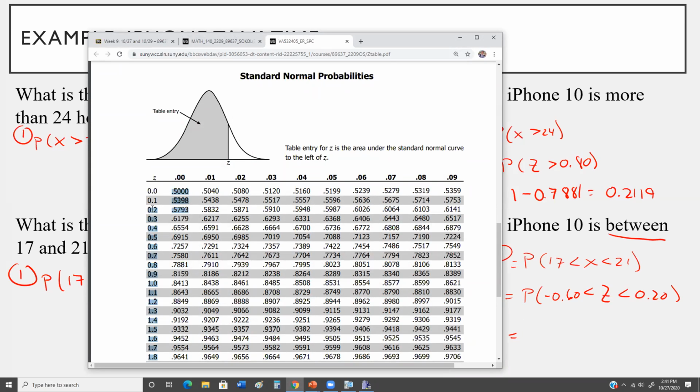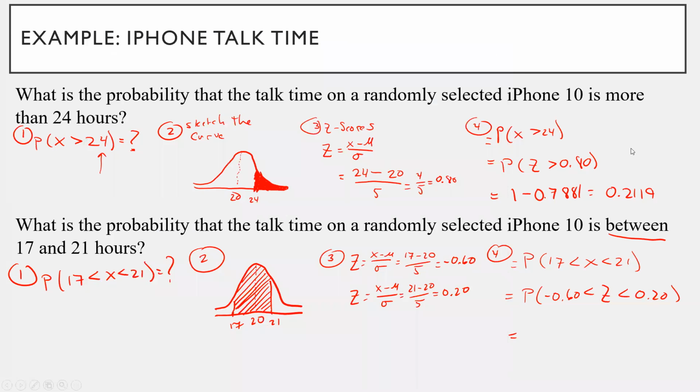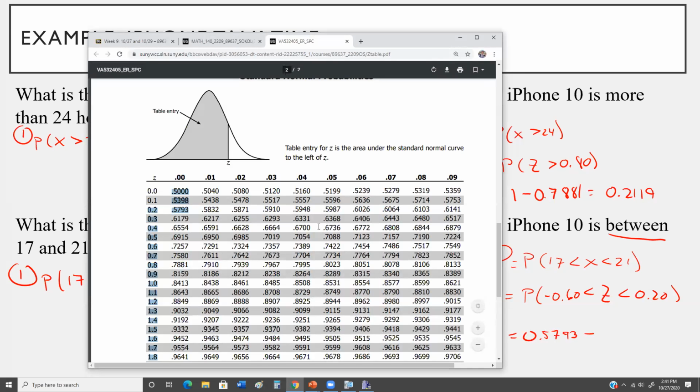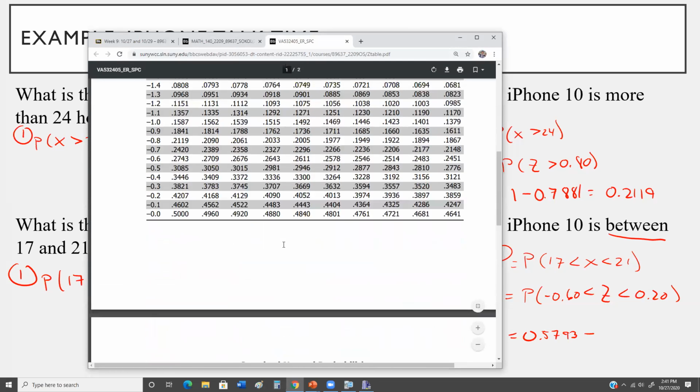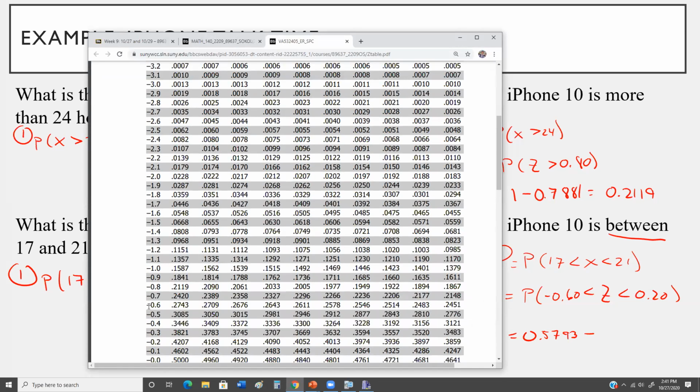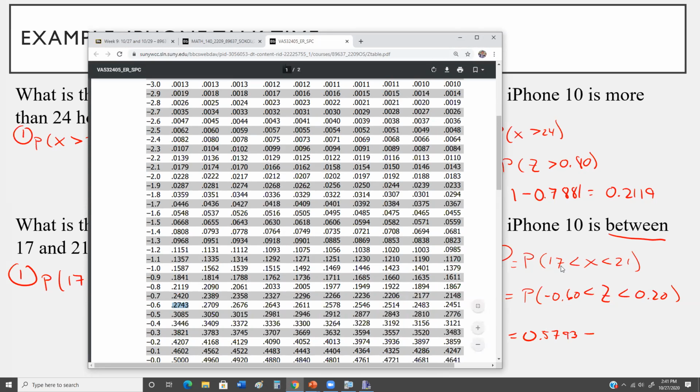First two digits are 0.2, last digit 0, so it's 0.5793. Minus, now I'm going to look up negative 0.60, so I'm going to have to go to the negative side. So here's negative 0.6, and then here's the 0, so it's 0.2743.